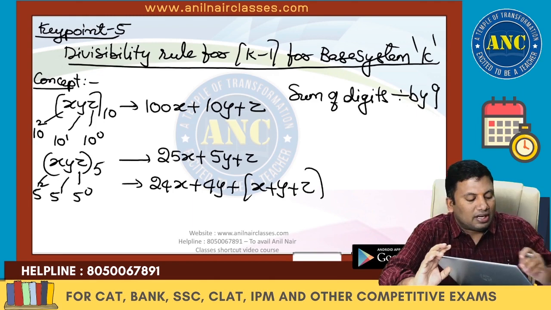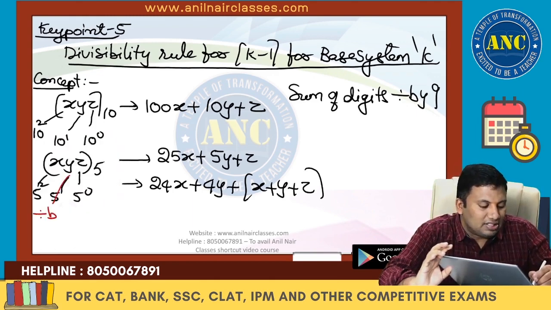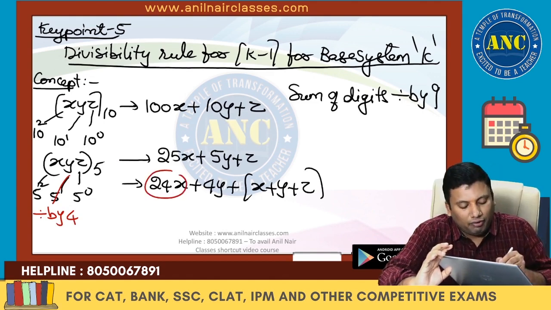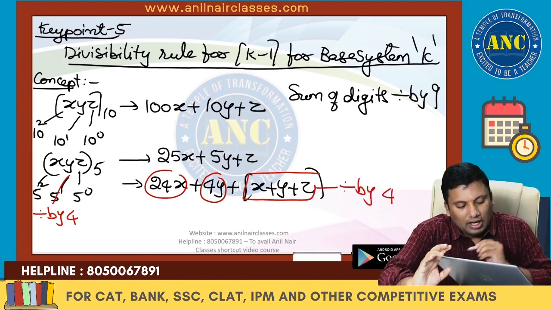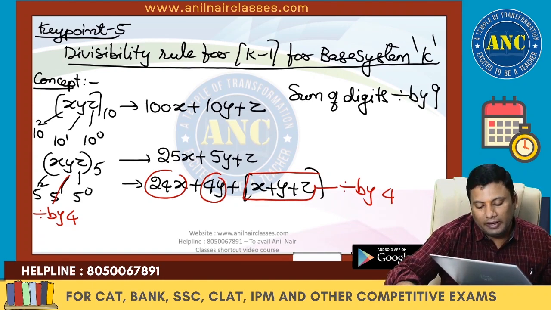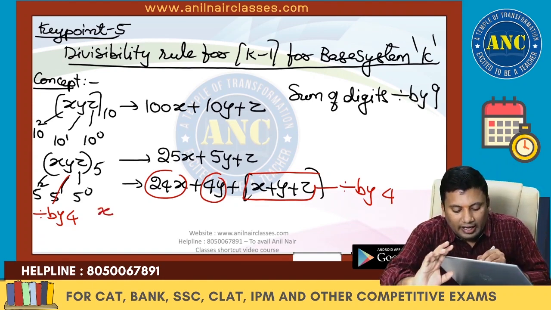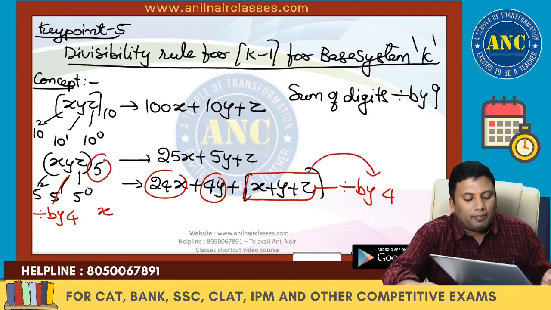If you observe carefully, for xyz in base system 5, 24 is divisible by 4, 4y is also divisible by 4, so x plus y plus z should be divisible by 4. I hope you got the idea. Again, for 5, the sum of the digits should be divisible by 4.